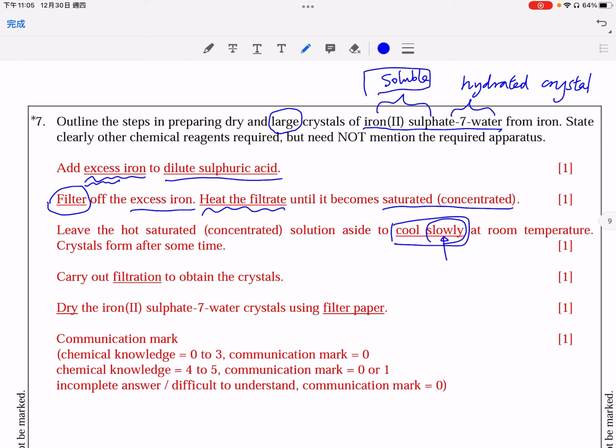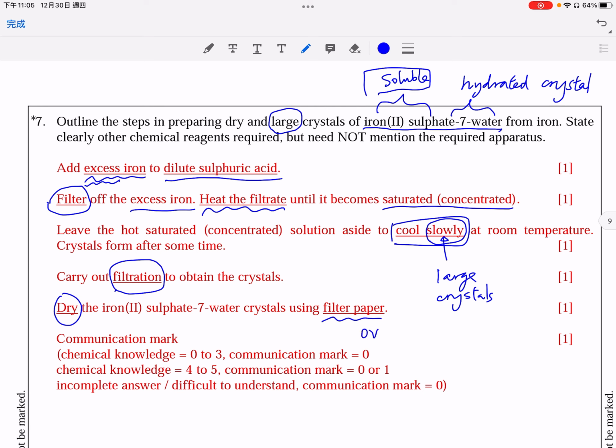By cooling it slowly, you get large crystals. Once you got the crystals, of course, you obtain the crystals by filtration. And then, finally, you dry your hydrated crystals using filter paper.